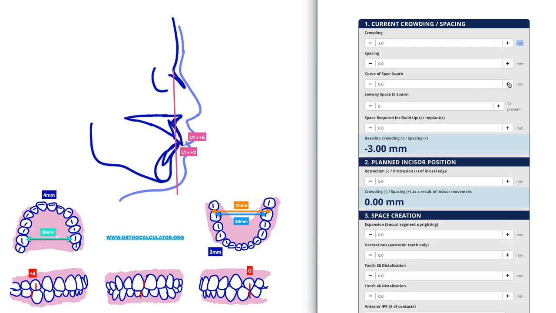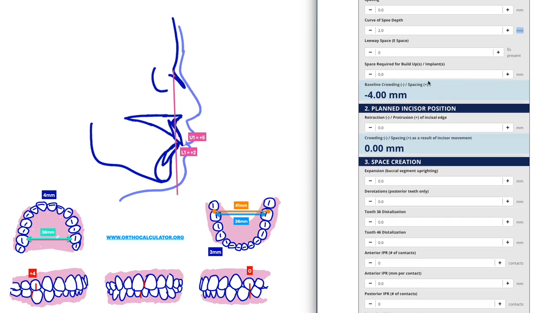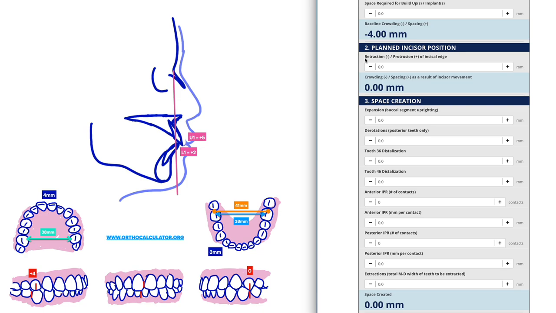We'll say the patient has maybe 2 millimeter curve of Spee, no space needed for buildups or implants. For retraction of the incisal edge, we want the lower incisor to finish on the NA line, which is drawn here in pink. They're currently 2 millimeters ahead. The uppers are 5 millimeters ahead, so there's 3 millimeters overjet. So lower incisors, we want to come back 2 millimeters.